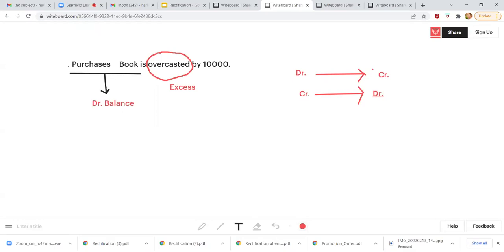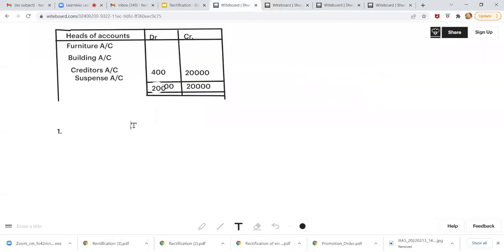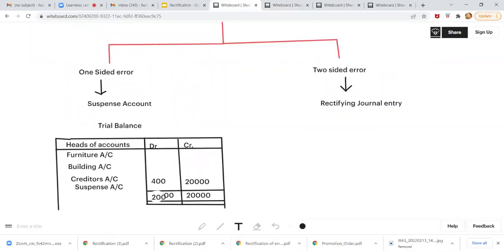So here we will pass the journal entry as purchases account credit. But what should we write on the debit side? As we have discussed, this is a one-sided error.